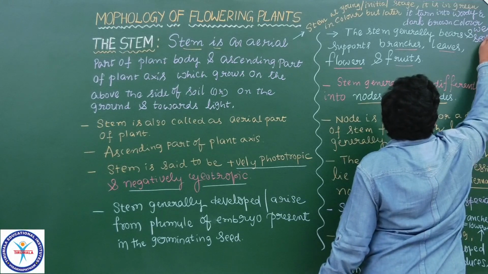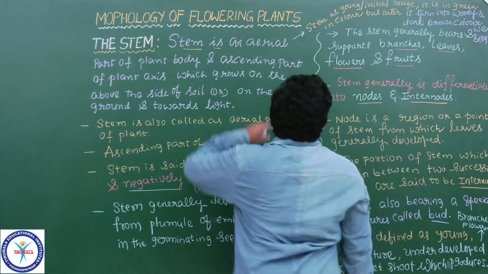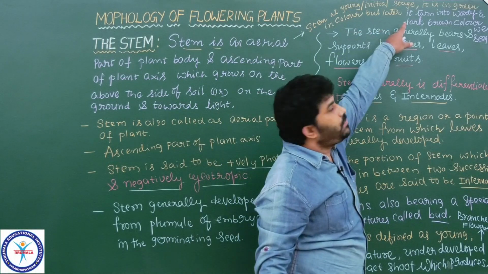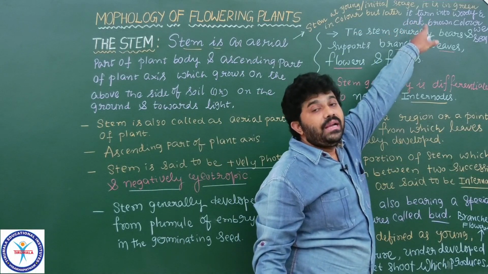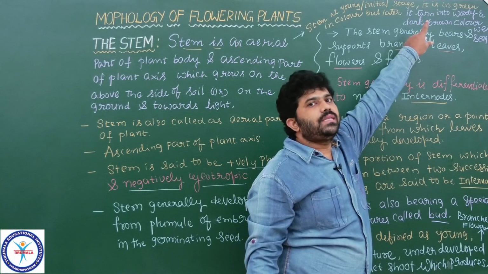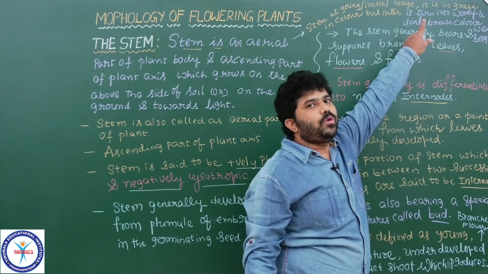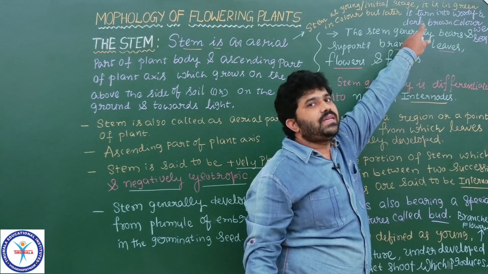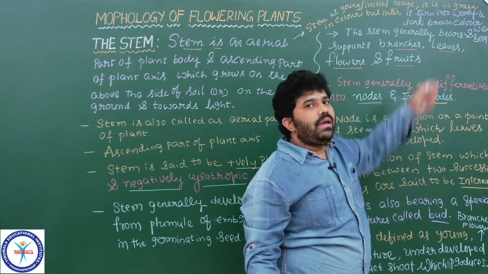Now got the point? At the young, initial stage, why is the stem green in color? It contains some amount of chlorophyll pigment, which performs photosynthesis at the young stage of the plant body.